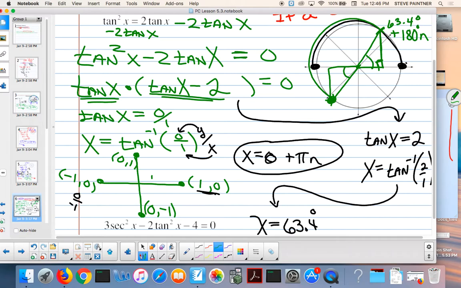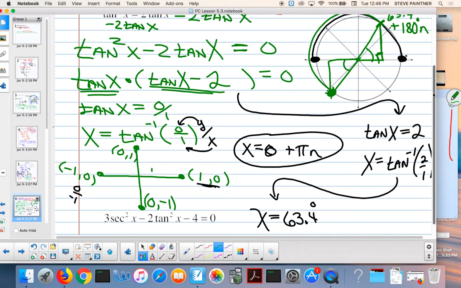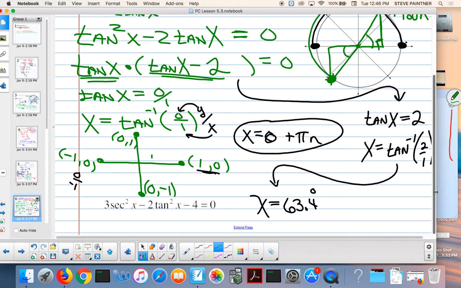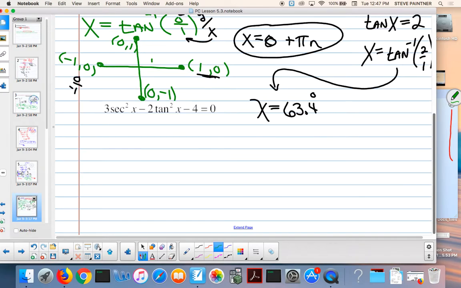Okay. But the back of your book is not going to say this answer. Your back of your book's going to stay in radians. So can you do this again for me? Don't tell me 63.4. Go in radians. What's the answer in radians? I think we already know it's that. In radians, what's inverse tangent of 2 over 1? Right here.